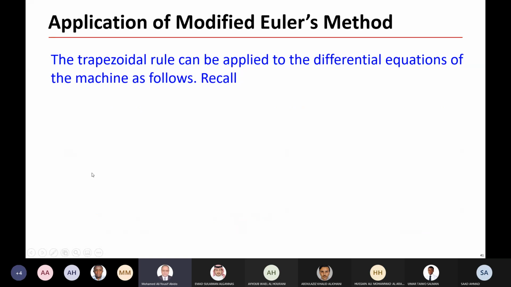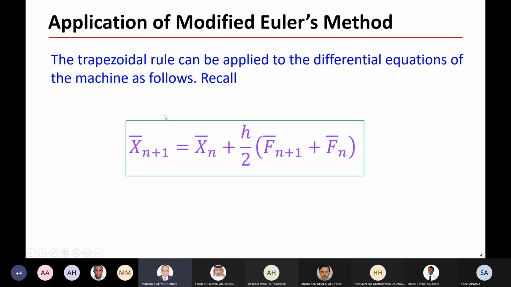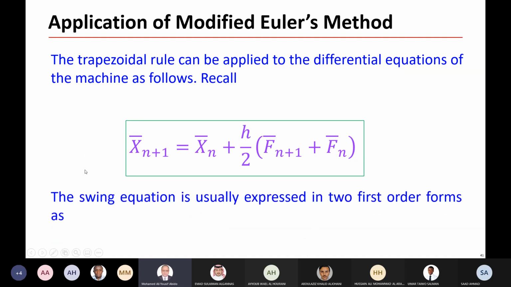The trapezoidal rule can be applied to the differential equations of the machine as follows. This is the application of the trapezoidal method: xn plus 1 equal to xn plus delta t, or h, over 2 multiplied by fn plus fn plus 1.